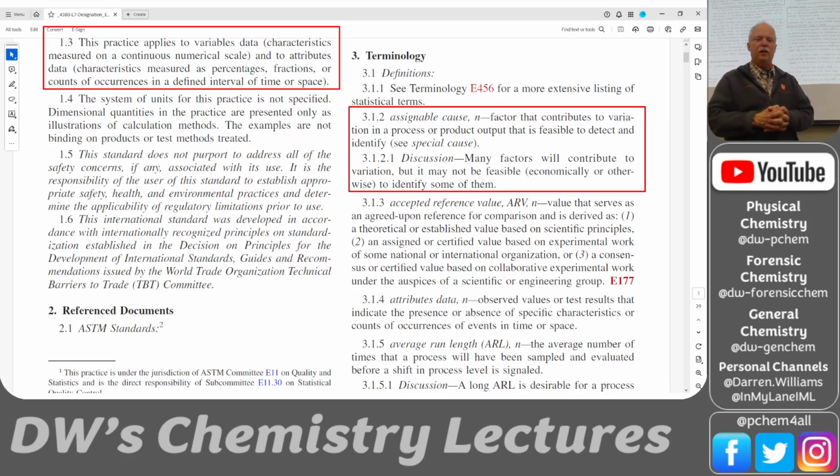Okay. We talked about assignable cause just now. Also, there are many factors that contribute to variation, and it may not be feasible economically or otherwise to identify some of them. So, it may be an assignable cause, but sometimes it's just hard to figure out. And you're like, well, we know something non-random happened. We're going to take action, but we couldn't really assign it. That may happen to you guys.